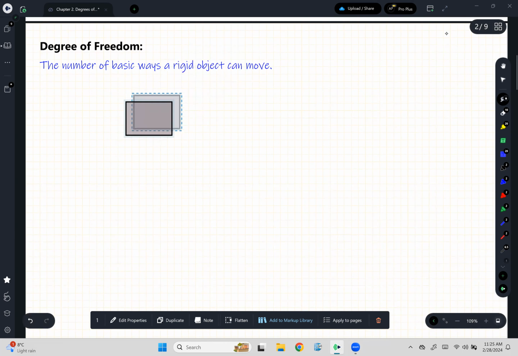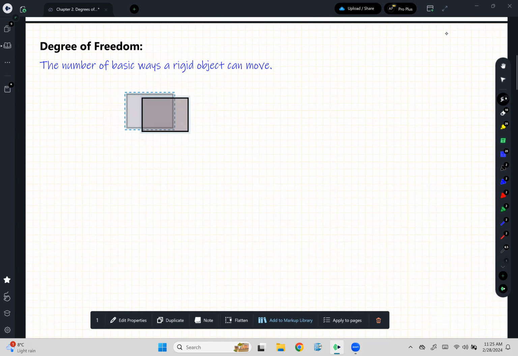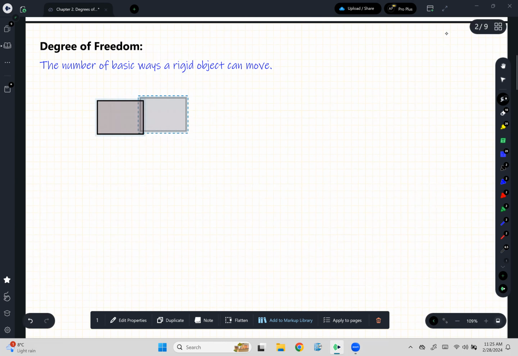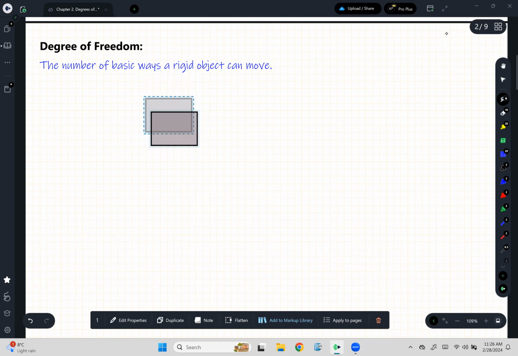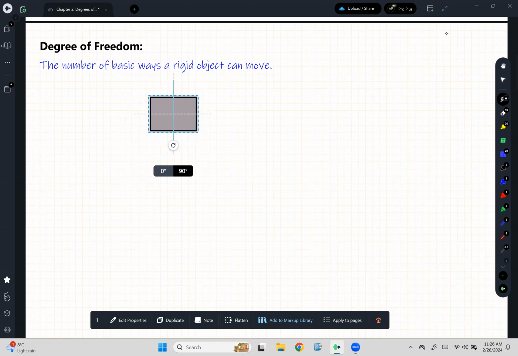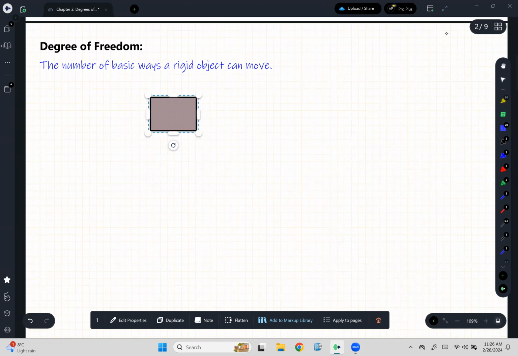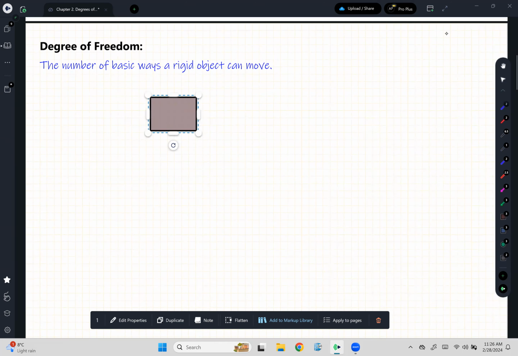You may also say that it can go in an oblique direction, which is true, but we always say a direction like that is a combination of X and Y. So in simple words, this box on the screen has 3 degrees of freedom: it can go up and down, left and right, and it can rotate. We'll show them by some axes.